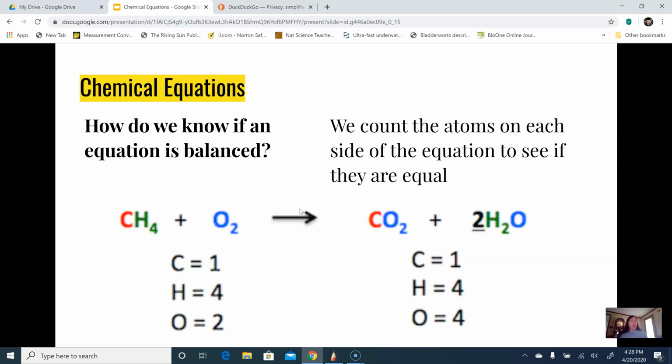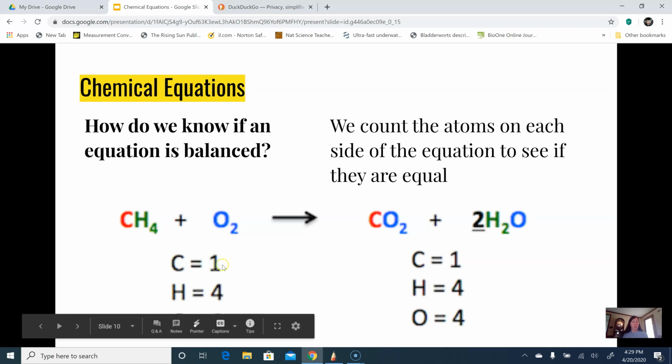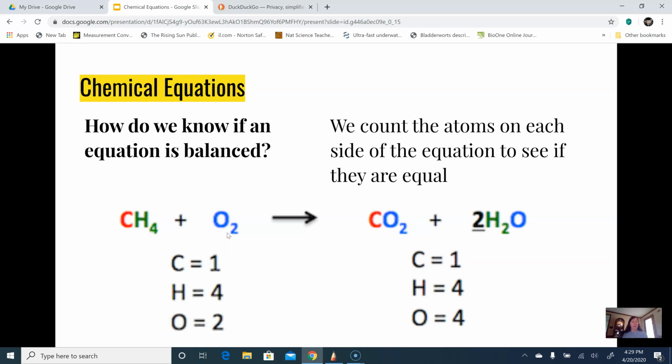Okay? So looking at this, if we just look to the left of the arrow, we see the reactants. And if we look through all the reactants, we should see that there is only one carbon atom, and that's why we have the one below. You can see there are 4 hydrogen atoms on this side, and if you look at oxygen, you'll see that there's 2.